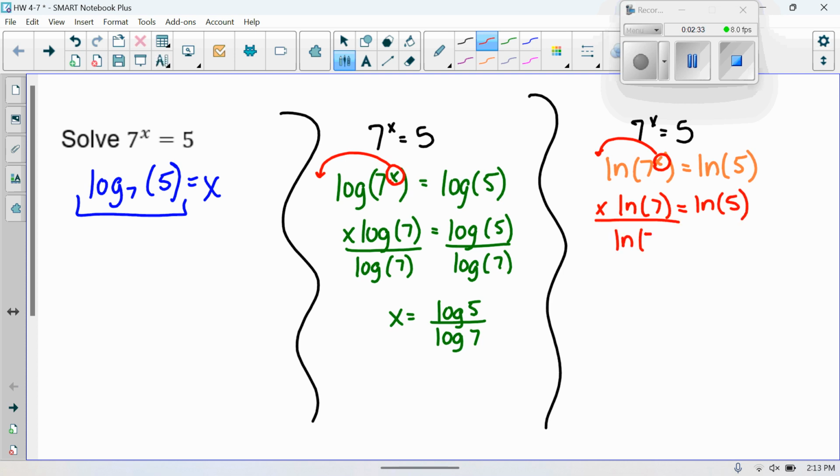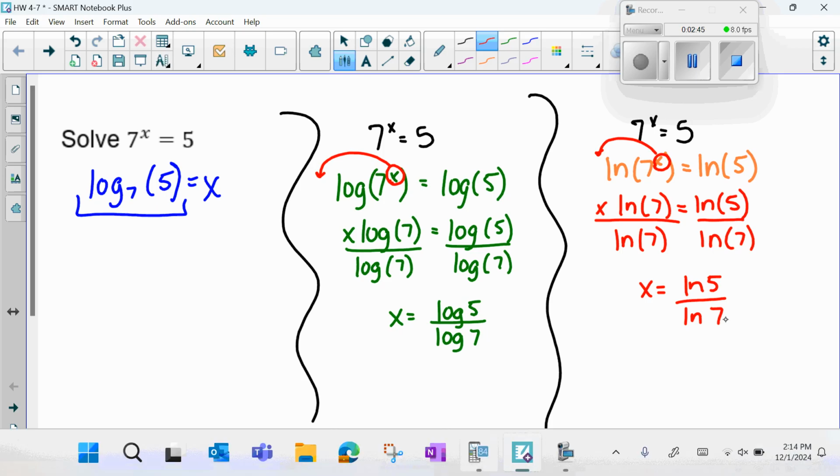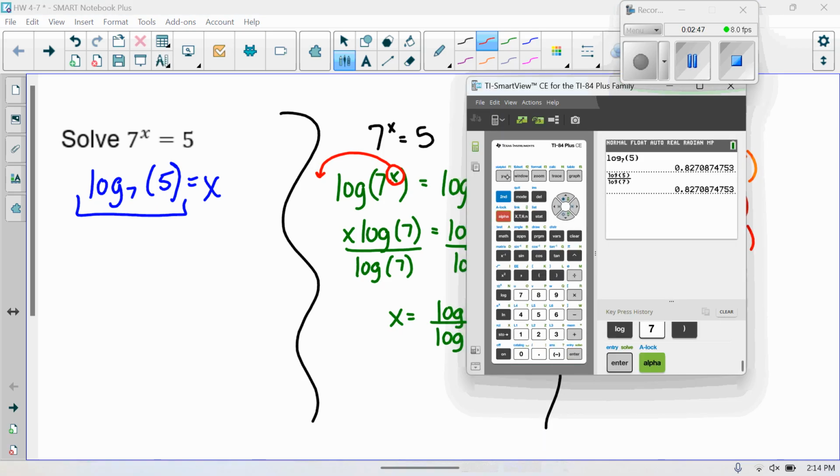And then I'm going to divide by the natural log of 7. So I have x equals the natural log of 5 over the natural log of 7. So if I go back to my calculator, the natural log of 5 divided by the natural log of 7. And they're all the same.